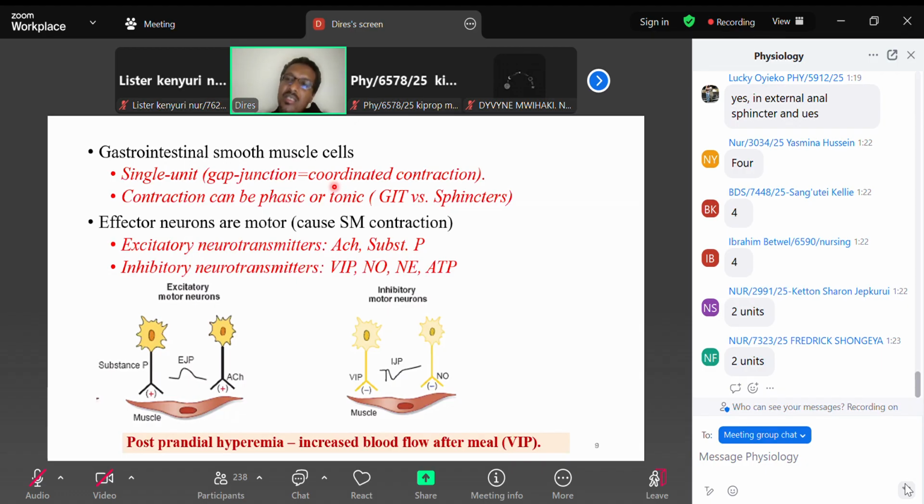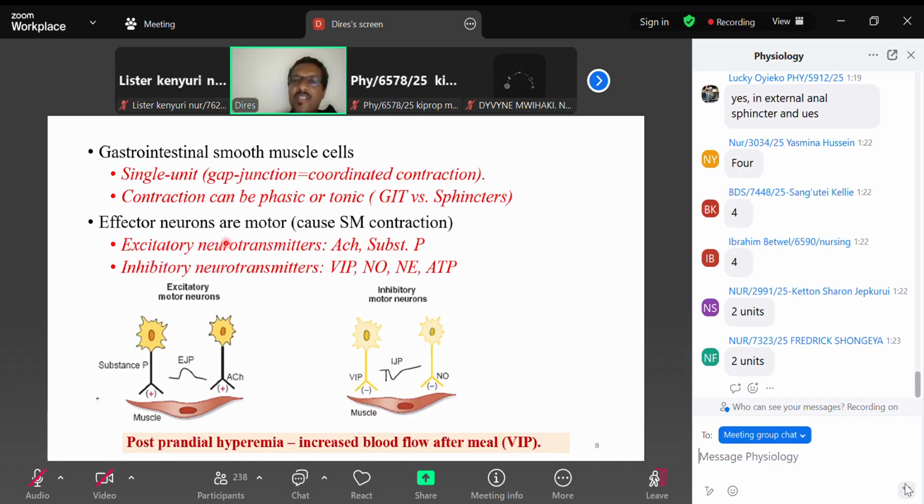The whole peristaltic movement will move down as a unit, unitary contraction. So that is the meaning of single unit. In the GIT, we have these single unit smooth muscles which contract and relax together.